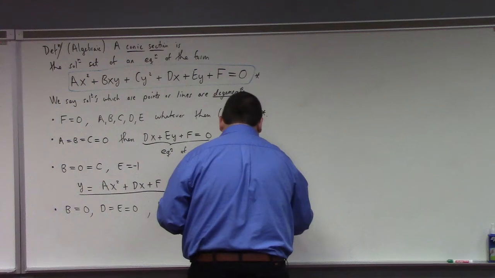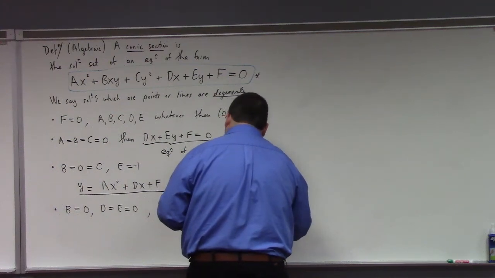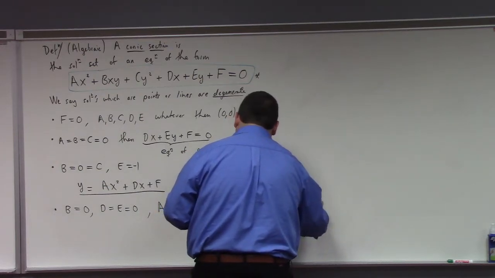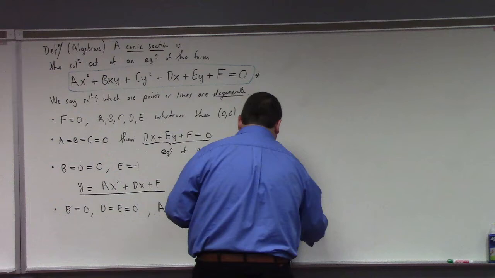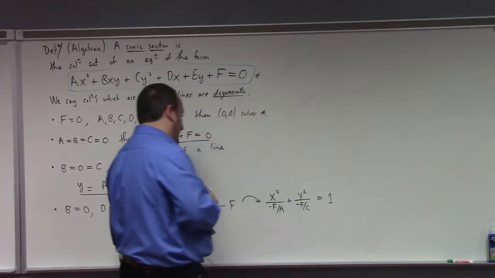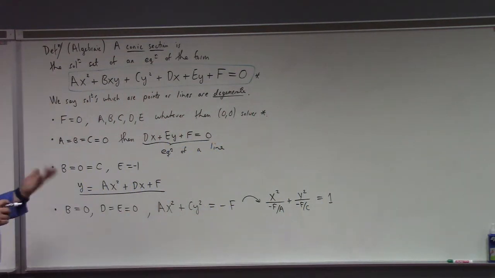What's our standard form? X squared over minus F over A, plus Y squared over minus F over C, equals 1. I mean, if I did that, that would sort of be in standard form.